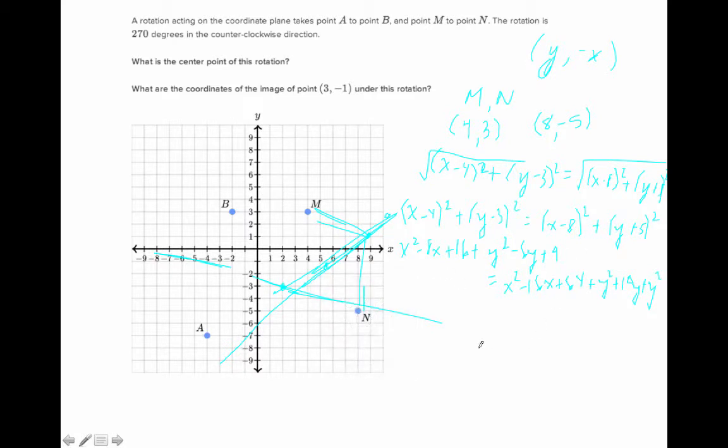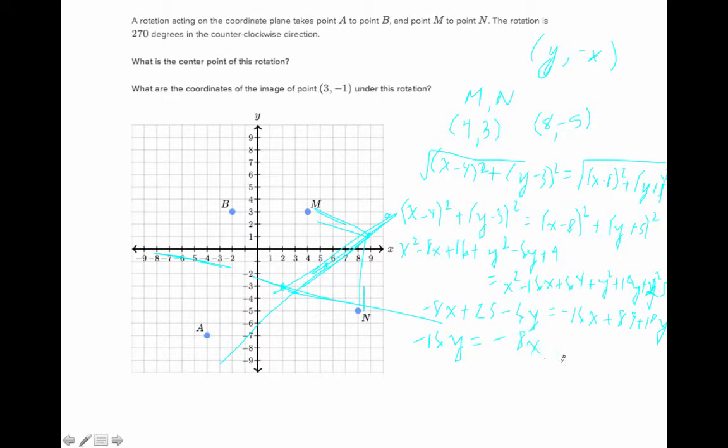With the x squareds and the y squareds gone, we have minus 8x plus 25 minus 6y equals minus 16x plus 64 plus, oh sorry, this should have been 25. 64 plus 25, 89, plus 10y. So I can subtract 10y over there, subtract 25 over here, and add 8x.